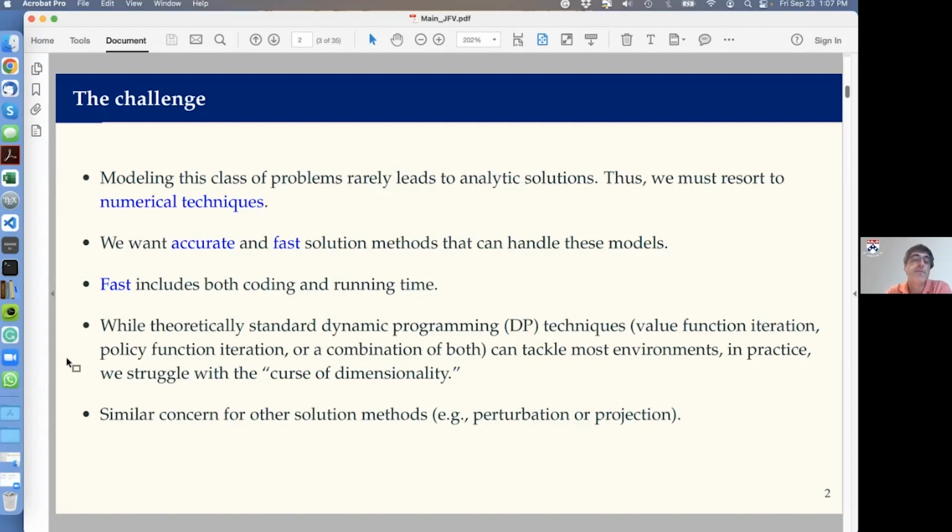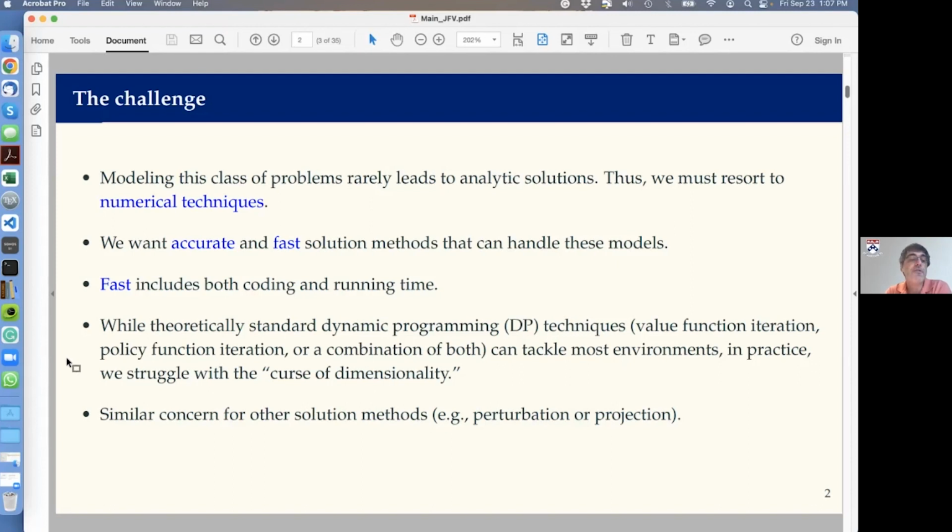Now, most of the models in economics can be tackled with standard dynamic programming techniques. And those include, for instance, value function iteration, policy function iteration, or some combination of both.